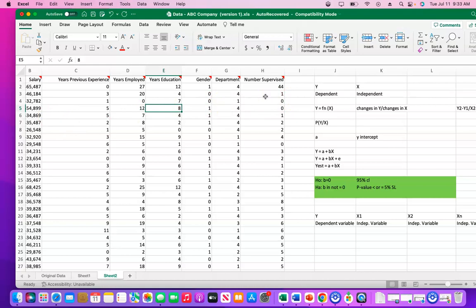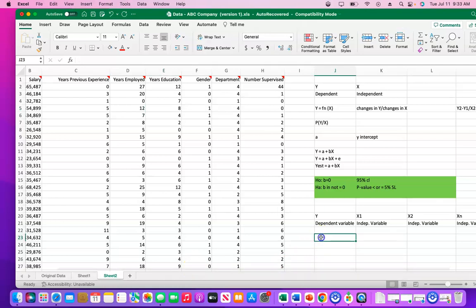You can do the simple linear regression analysis to test all this. But today all we're going to do is to put all of them together, and that's what we call multiple linear regression analysis.